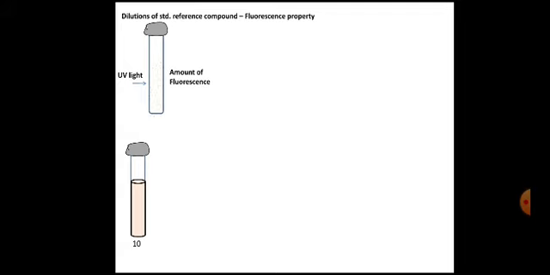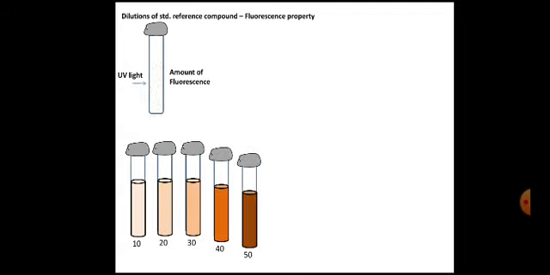So the protocol is the same. You have a standard reference compound, dilute that standard reference compound and expose it to ultraviolet light in the spectrophotometer. The amount of fluorescence values you will get in the spectrophotometer.